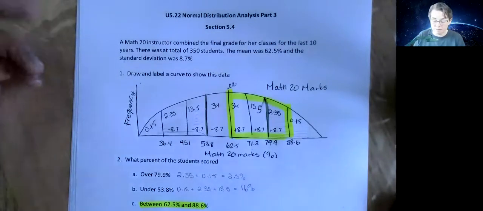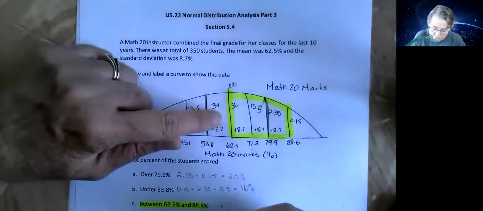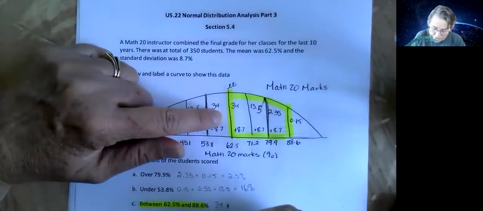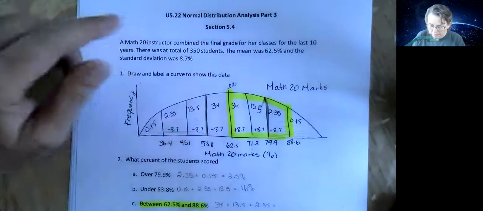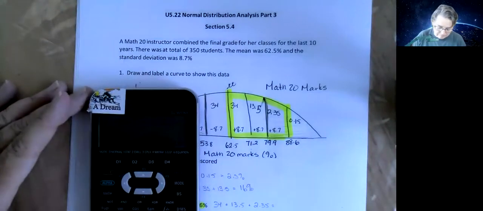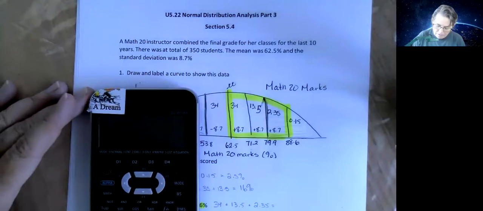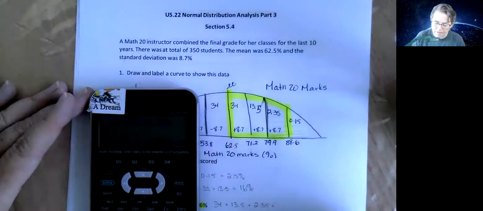There's only 3 choices. So we got 34% plus 13.5 plus 2.35. 34 plus 13.5 plus 2.35. Yeah, that makes sense.